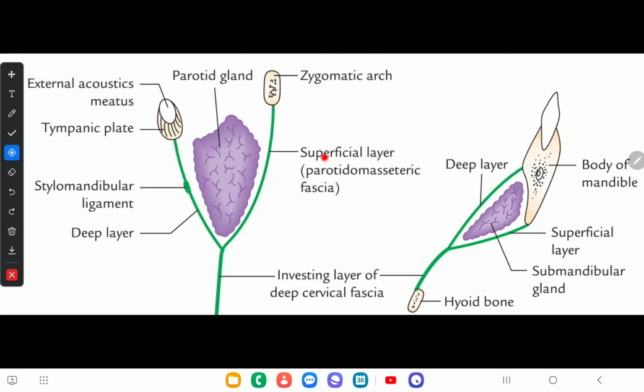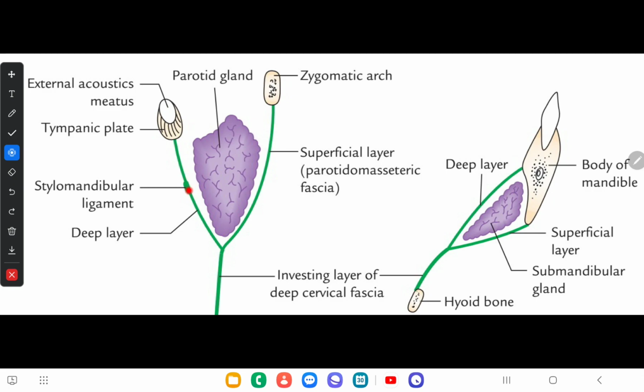As you can see here, the superficial layer is also called the parotidomasseteric fascia, which is attached to the zygomatic arch. As you can see in this picture, the deep layer of the investing layer of deep cervical fascia, which is attached to the tympanic plate, contains the stylomandibular ligament.